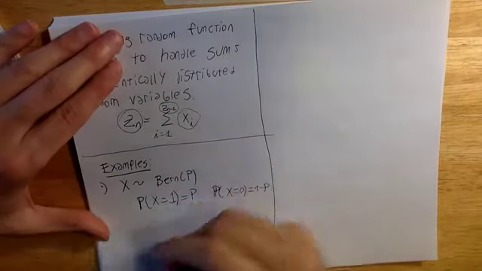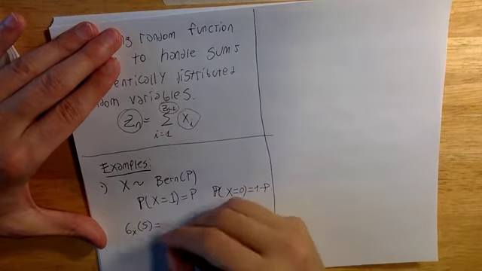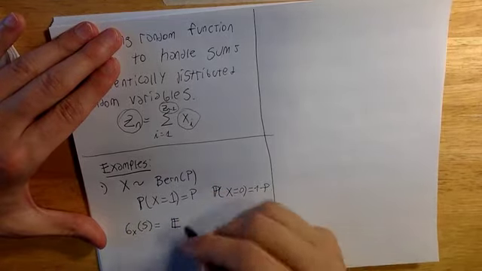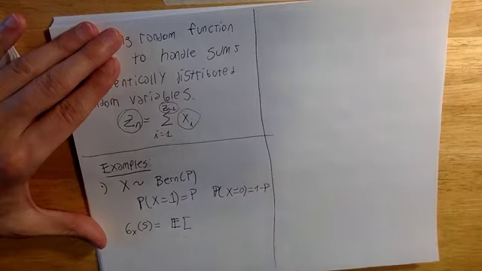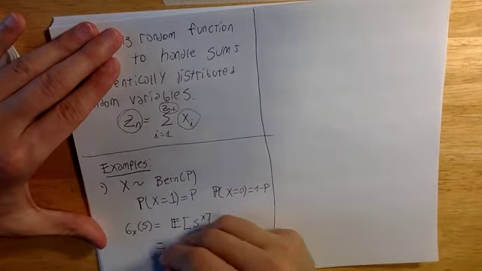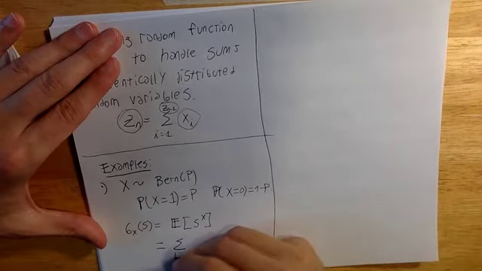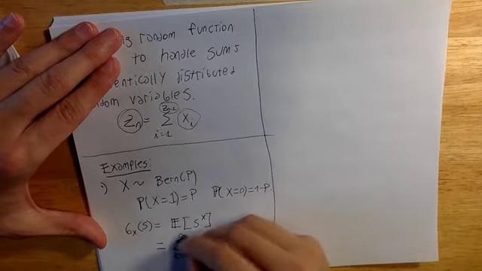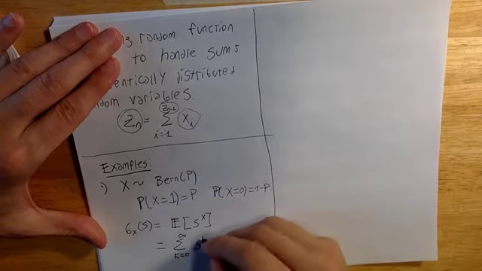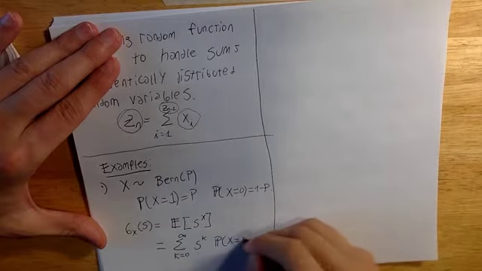Okay, so if we take g_X of s, this is going to be the expectation of s to the X, which, as we have seen from previous classes, is the sum from k equals 0 up to infinity of s to the k times the probability that X is equal to k.